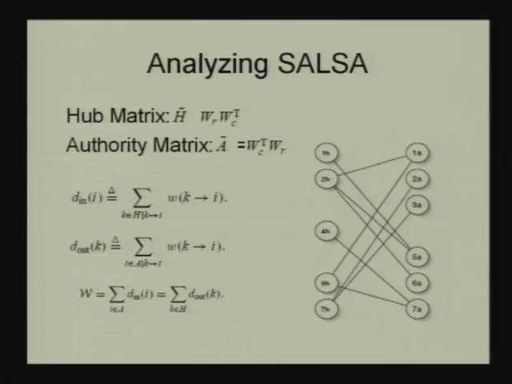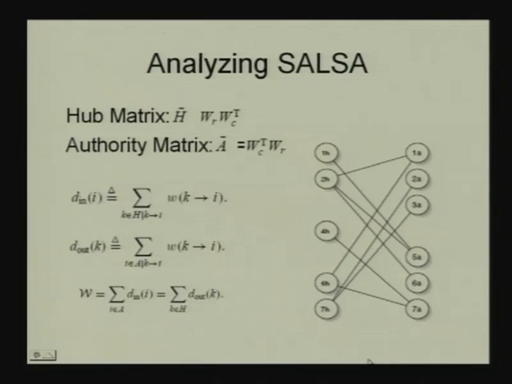Now let us define a particular thing. This is the in degree and out degree in the original graph. You can just ignore this part. Look at this. What is the sum of in degrees of all the nodes here for the original graph?